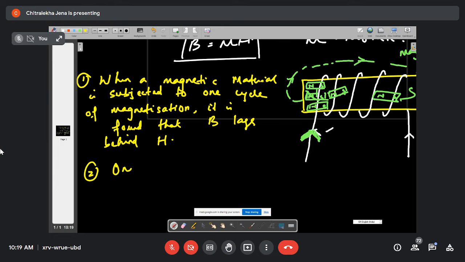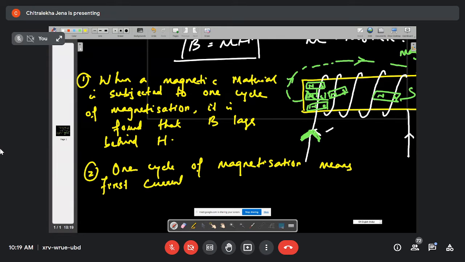One cycle of magnetization means first the current is given in one direction and then in the other.